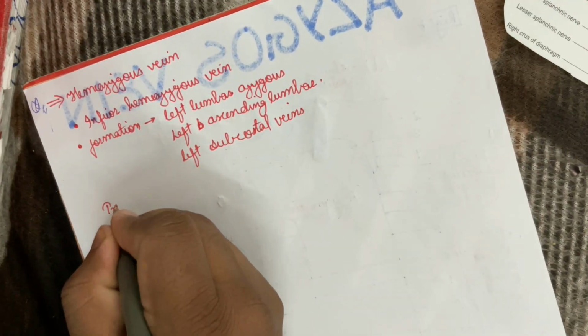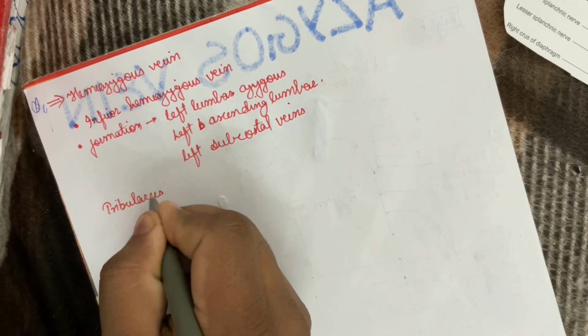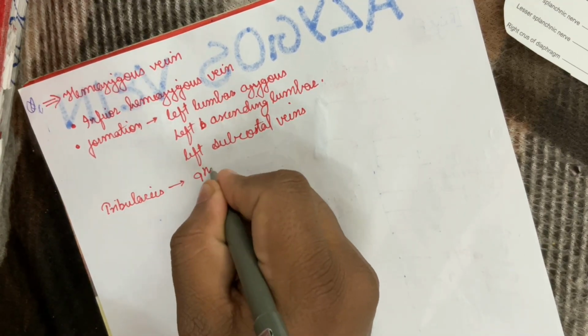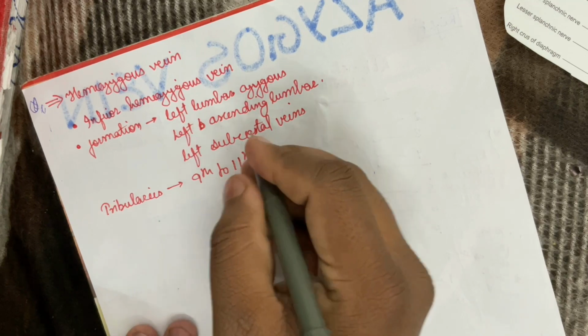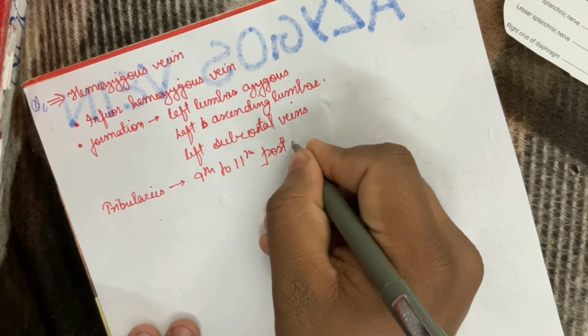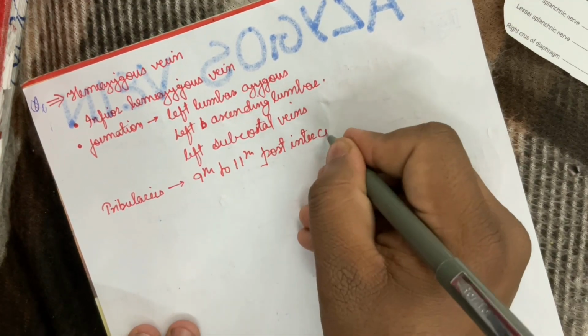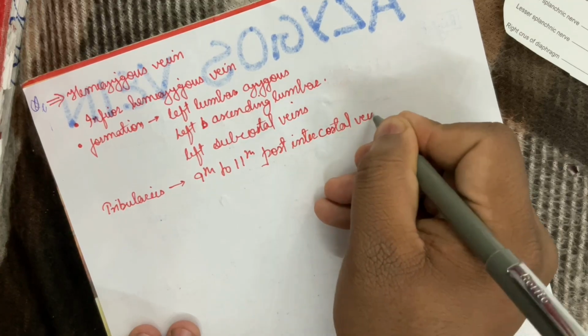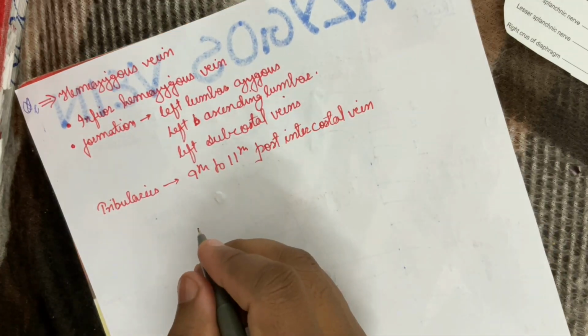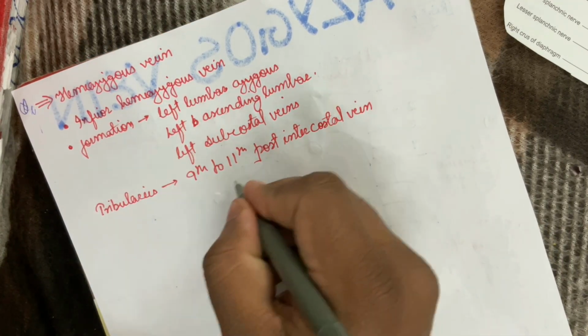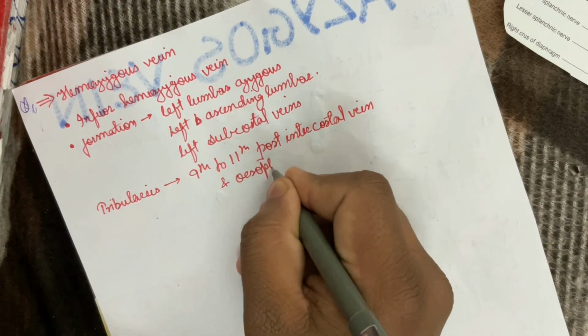Tributaries: 9th to 11th posterior intercostal vein and esophageal vein.